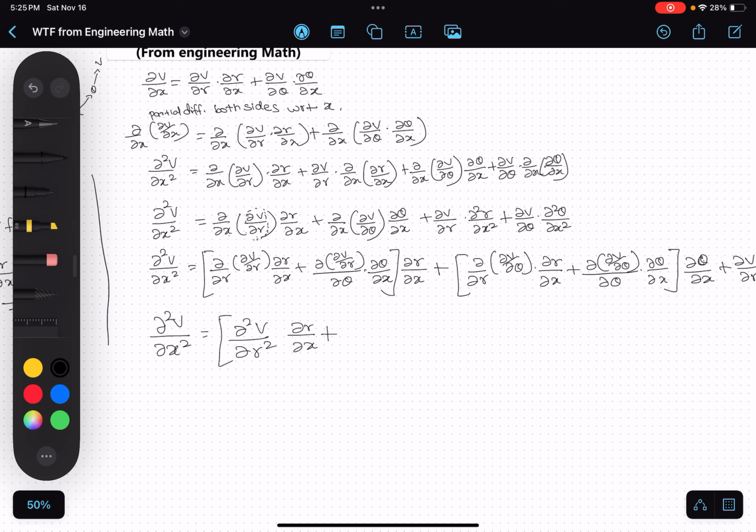If theta could have caused change in r, we would have again used the multi-variable chain rule. Here theta and r are of a different world, and they can change each other, so we use the multi-variable chain rule. But in the world of r and theta, these two are independent variables. So we'll just differentiate this b with respect to r and then theta. So we write it like this.